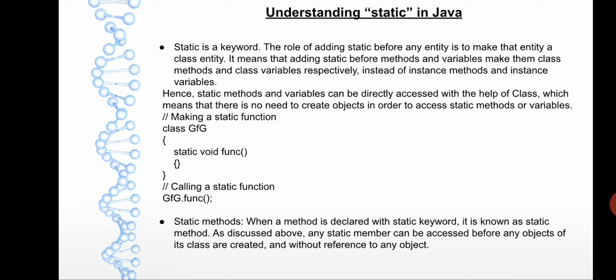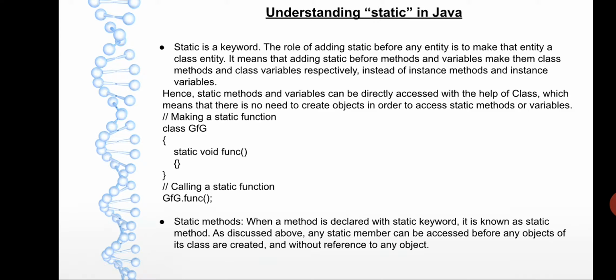Now hence the static methods and variables can be directly accessed with the help of the class, which means that there is no need to create the object. That is the same thing. Now, making a static function. There is one syntax you see. It is class GFG. Inside the class you have one static void fun.